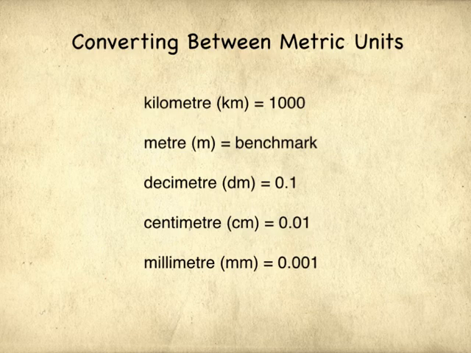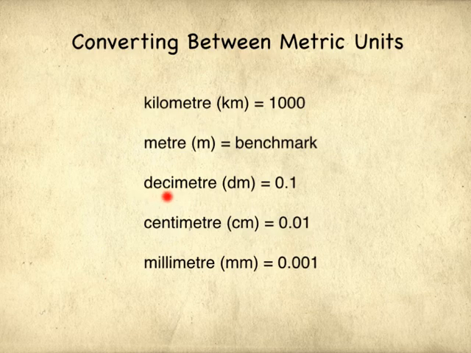Let's look at centimeters. Cent means 100. So that means that there are 100 centimeters in a meter. Or we could say that the value of a centimeter is 1/100th of a meter.